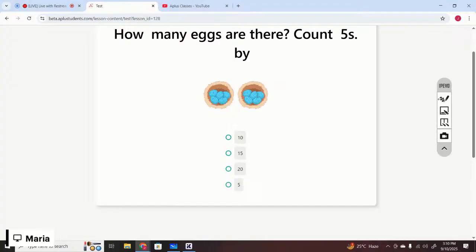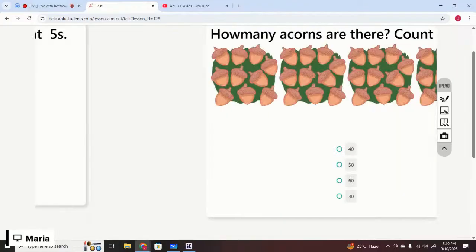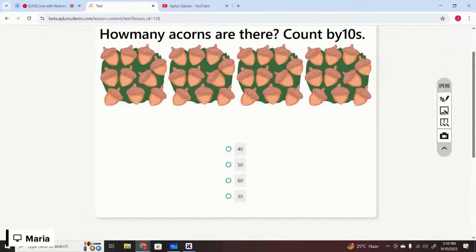How many eggs are there? Count by fives. So 5, 10. Option number 1 is the correct option. They are 10 in number. So the correct option is 10.